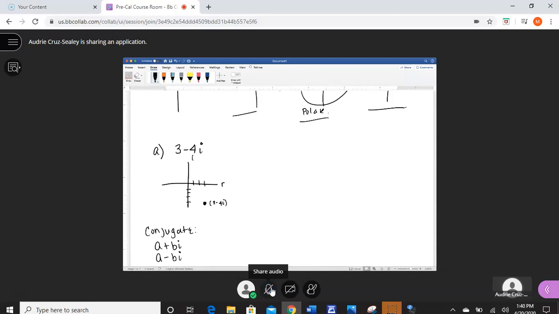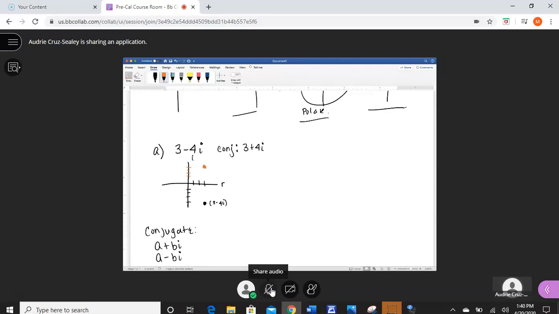Does that make sense? So if this right here is 3 minus 4i, then what would the conjugate be? 3 plus 4i. So if I wanted you to graph that, 3 plus 4i would be here.